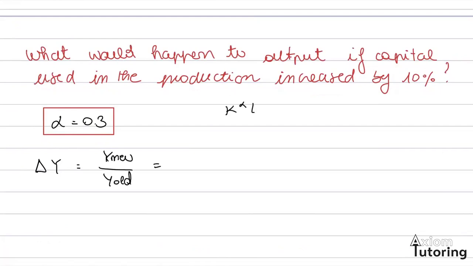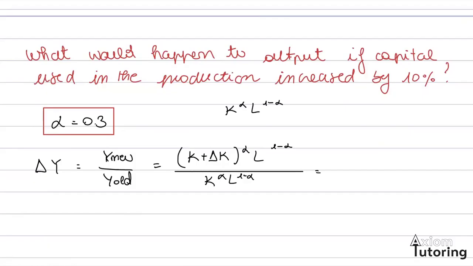Recalling that our production function is something like this, we're going to add 10% to our capital. So we're going to add a change to our capital here, times L to the power of 1 minus alpha, over our original output amount.